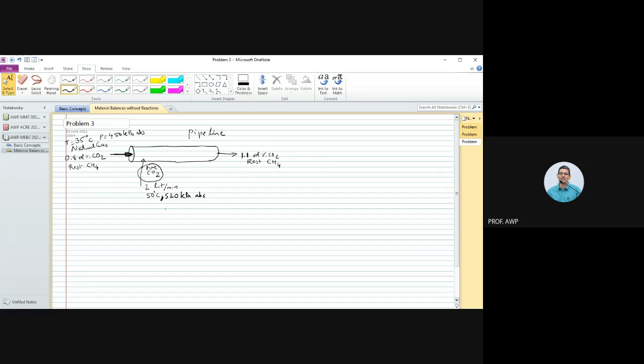I want you to tell me how many liters per minute of this gas comes in. Will you be able to solve?